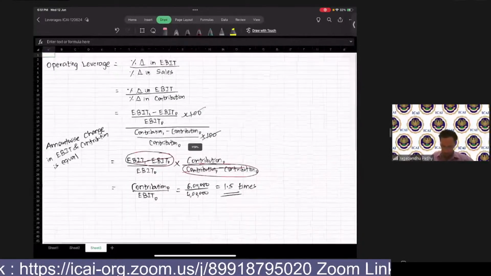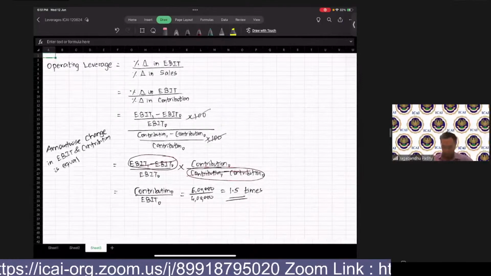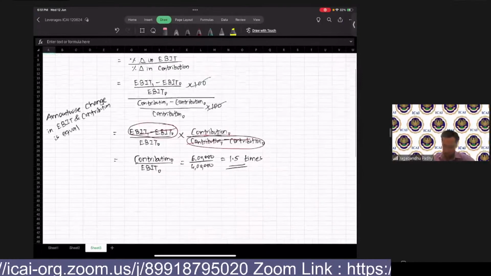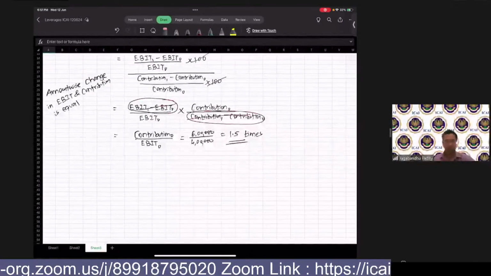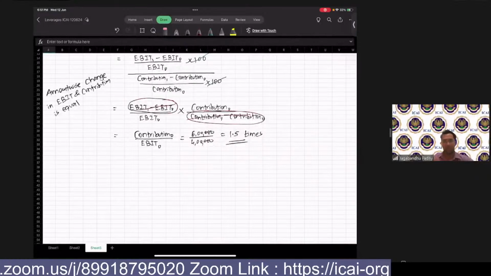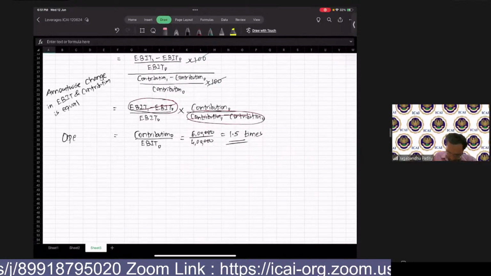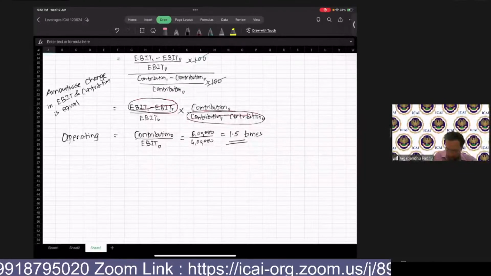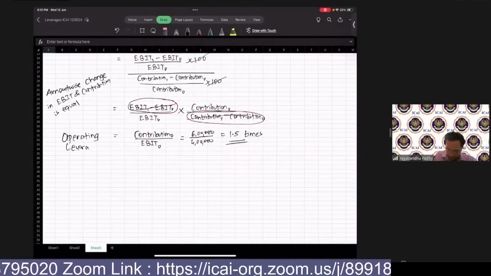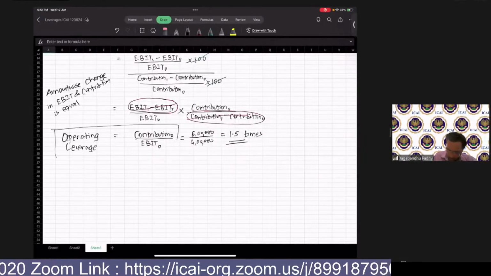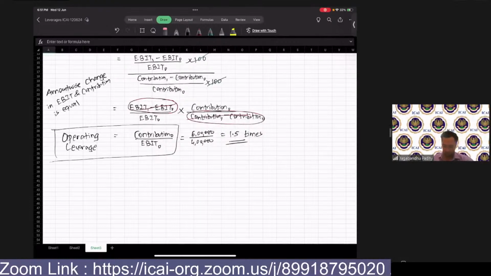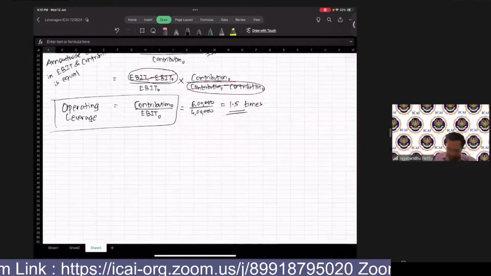Now, after operating leverage, we do have shortcuts for combined leverage and financial leverage also. I'm not going to derive them because they can be derived on similar lines. I'm just going to write them down, and frequently we are going to use these shortcut formulas to calculate the leverages. We have operating leverage as contribution upon EBIT.